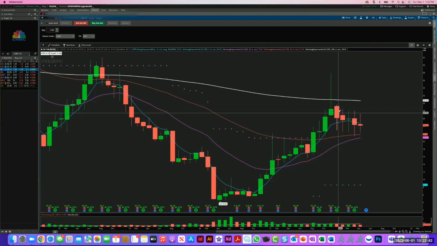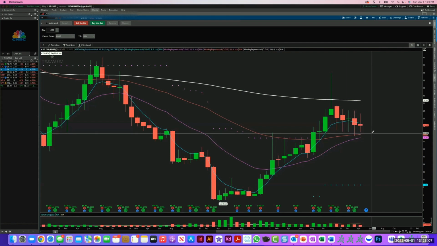So now we have this downward move on Macy's, and we see a doji for the month of February. We see a spinning top for the month of March, and now we see another spinning top for the month of April. And this 5-day EMA has become significant resistance for Macy's, and we see Macy's moving to the downside.